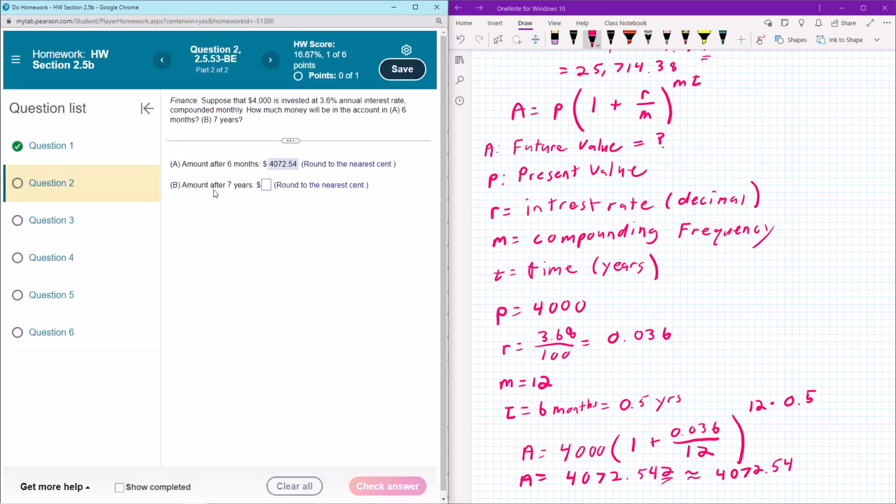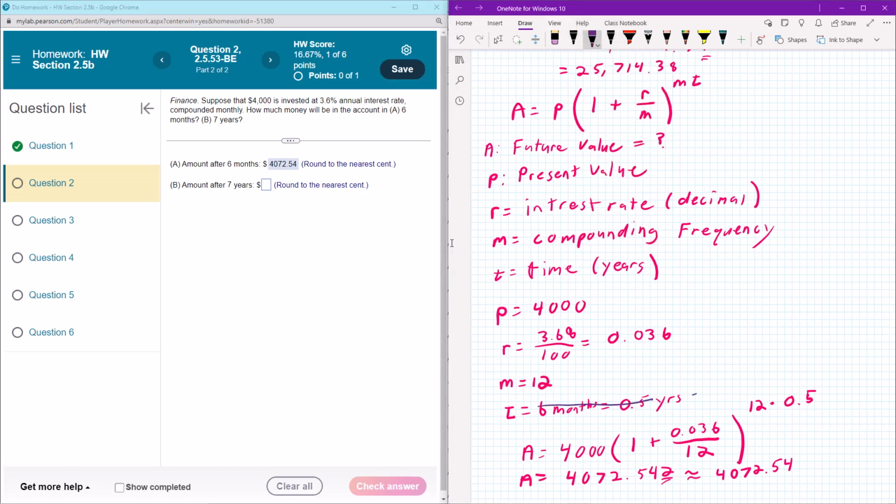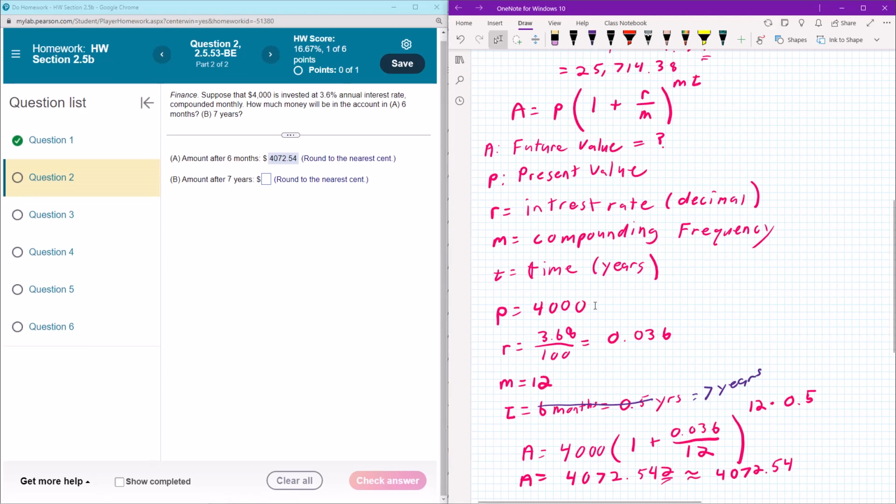Now, the only thing that's changed here is T. Everything else is the same. The only thing that's different is that instead of T being 6 months, T is now 7 years. So instead of having 12 times 0.5, we are going to have 12 times 7.